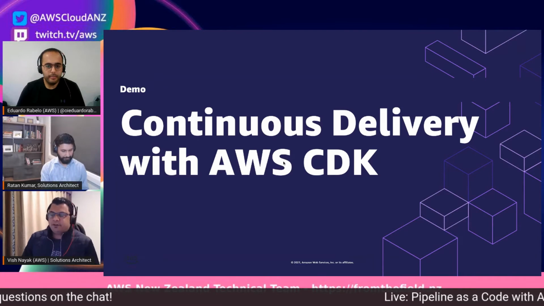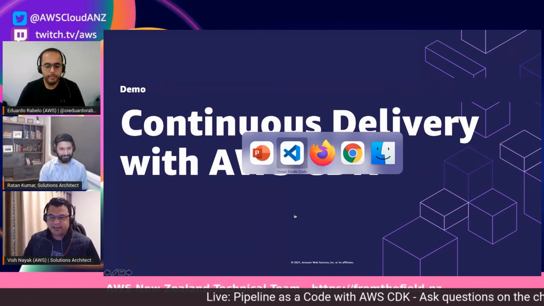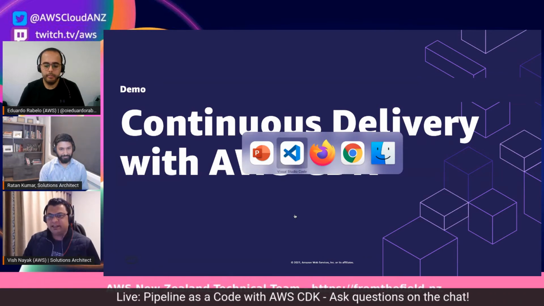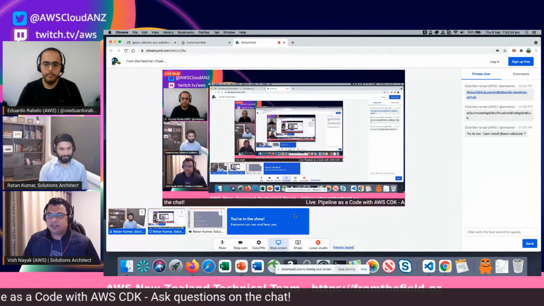So here, what we're going to do is have a bit more fun. We'll build continuous delivery of an app by building a pipeline, and see how we can deploy a simple application. So, Ratan, if you can go to the next slide.